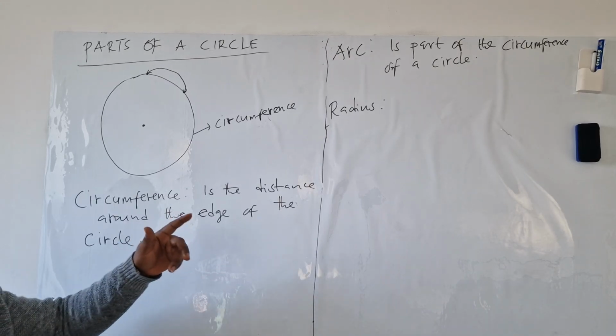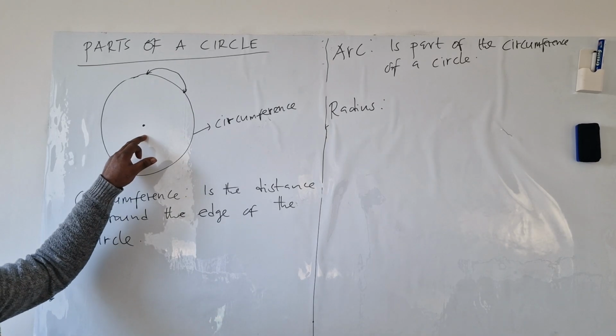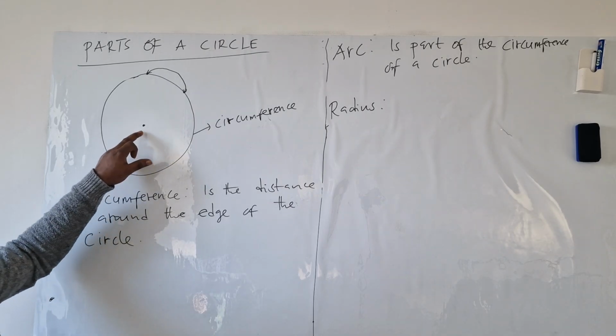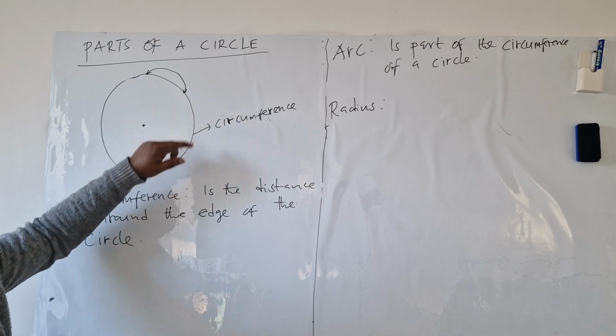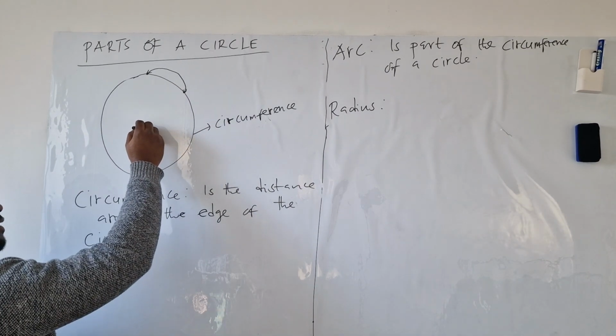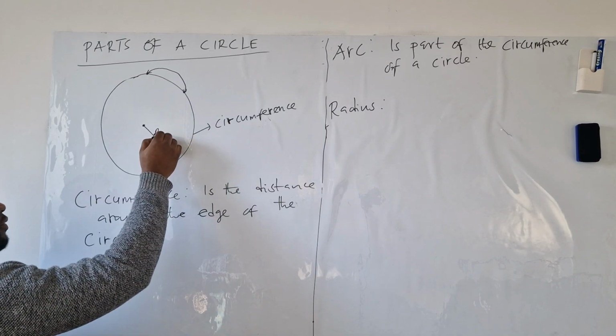So, therefore, what is the radius of a circle? Now, the radius is the distance from the center of the circle to any part of the circumference. So the distance from here, the center, to this part, we can term it what? Radius.